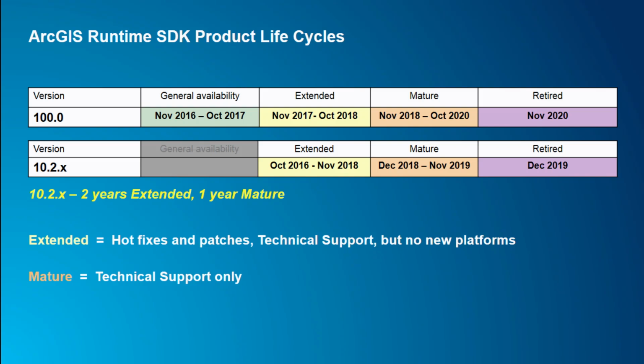Okay. So the first part of the question was, do we anticipate this product lifecycle to be for 100.1, 100.2 going forward, right? And we plan on these 4-year cycles at this stage. This is what we'd call at every .1 or .2 that adds feature functionality, a 1-1-2 model, right? 1 year of GA, 1 year of extended, and 2 years of mature.